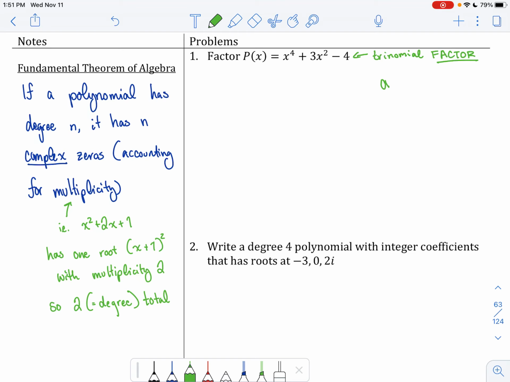That means I have ax to some even power, plus bx to the n, plus c. In this case, we've got 4 and 2. If this was 16 and 8, we could still factor like a quadratic, meaning draw the line here, and ask yourself what multiplies to that middle number, taking into account the leading coefficient. If this was 10, 5, all of these would work as long as it follows this pattern.